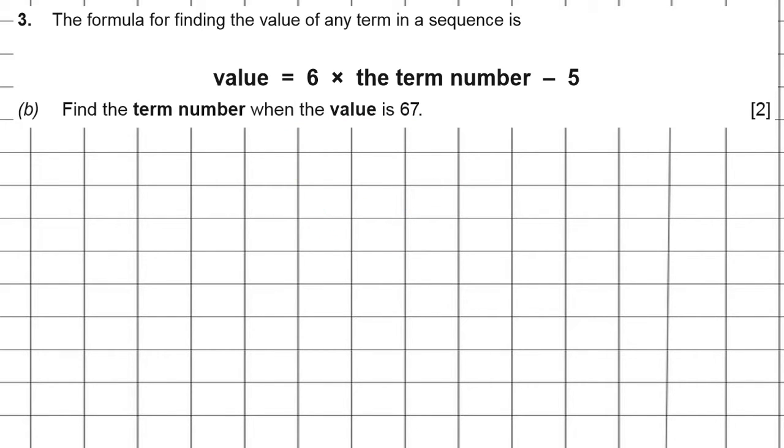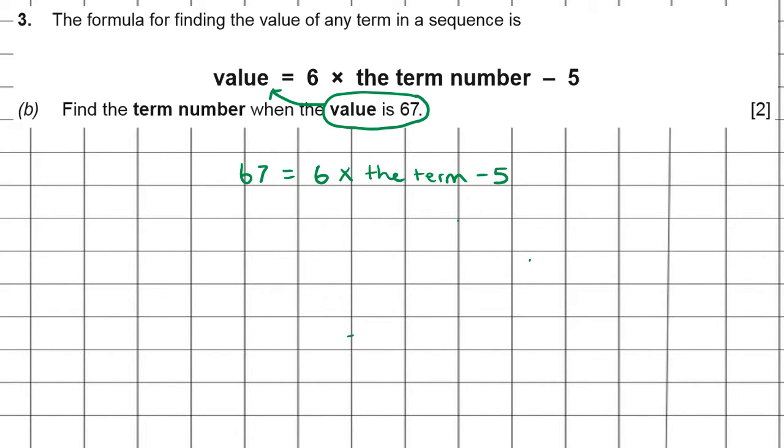Okay, next one, part B. The formula for finding the value, as we know, is value equals 6 times the term number, take away 5. Find the term number when the value is 67. So this time, we know the value is 67. Let's sub that into our formula. So value equals 67 equals 6 times the term number, take away 5.